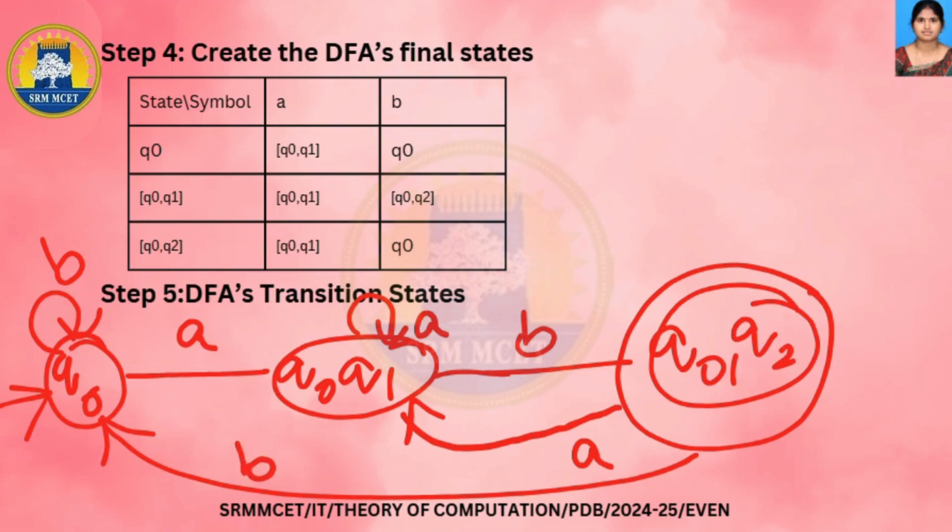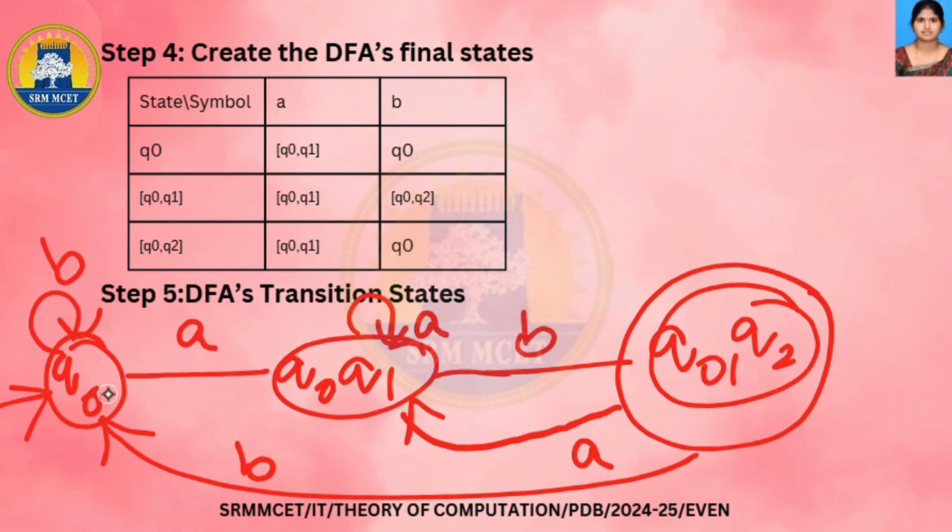This is our DFA diagram. Let's check whether it is a DFA diagram. The DFA condition is that a state using a single input should change to only a single state. There is no need for multiple transitions in a DFA; only an NFA has multiple transitions, and a DFA is accepted only if there is a single transition for a single input.